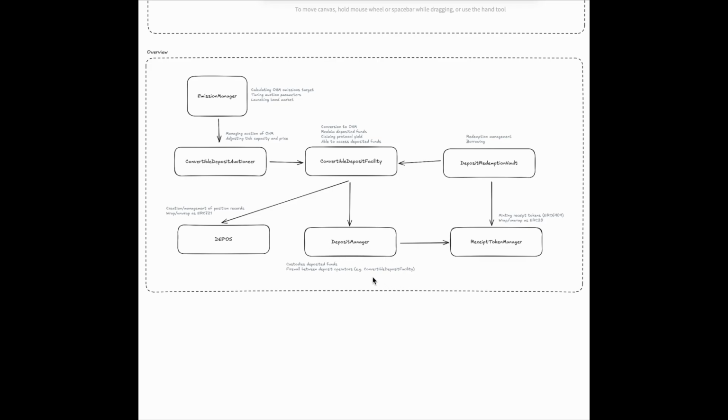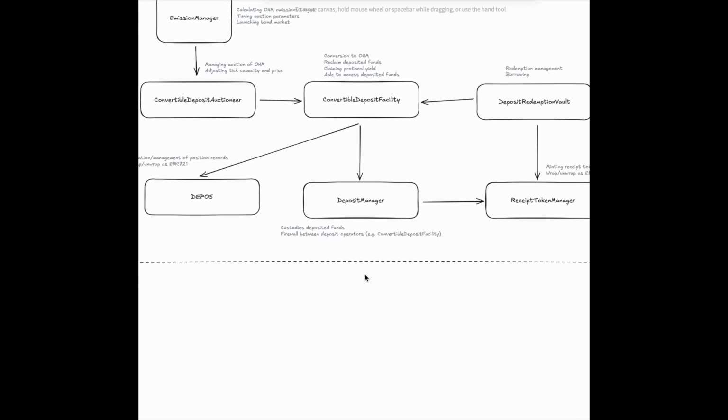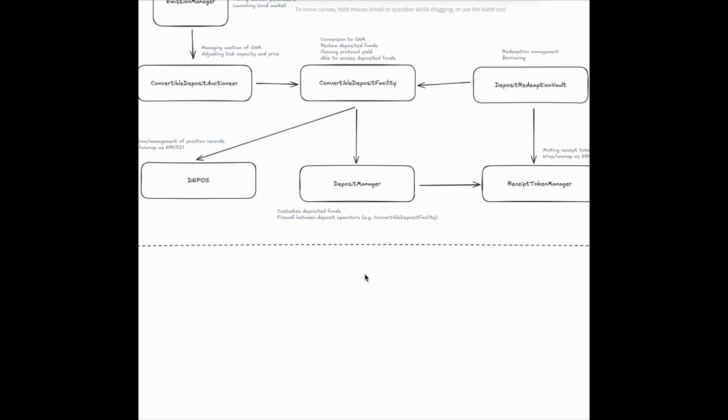So this is actually what's custodying the deposited funds. And it's designed to be multi-asset. So initially, we're going to configure it to handle USDS and wrap it or deposit it into the SUSDS vault. But later on, we can add different options as well.